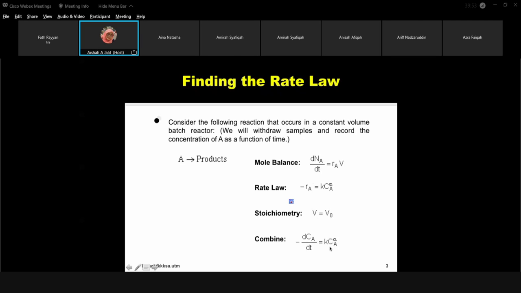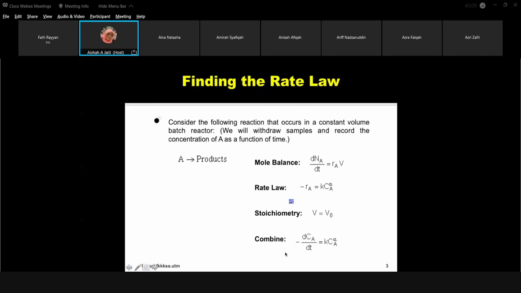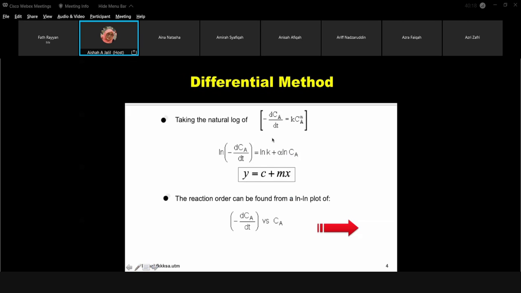You got it? Easy, right? From that, you get this equation: negative dCA over dt equals k CA to the power of alpha. Then taking the natural log is like this.